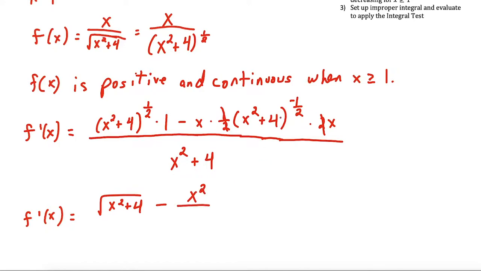And then x squared plus 4 to the negative 1/2, I could send down to this denominator. And by denominator, I mean if I turn this part of the expression into a fraction, I would have x squared over radical x squared plus 4. And this is all over x squared plus 4.